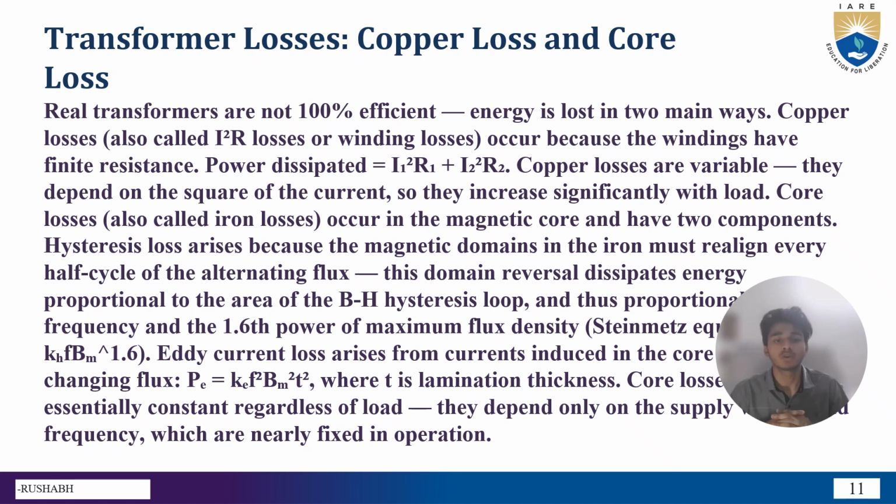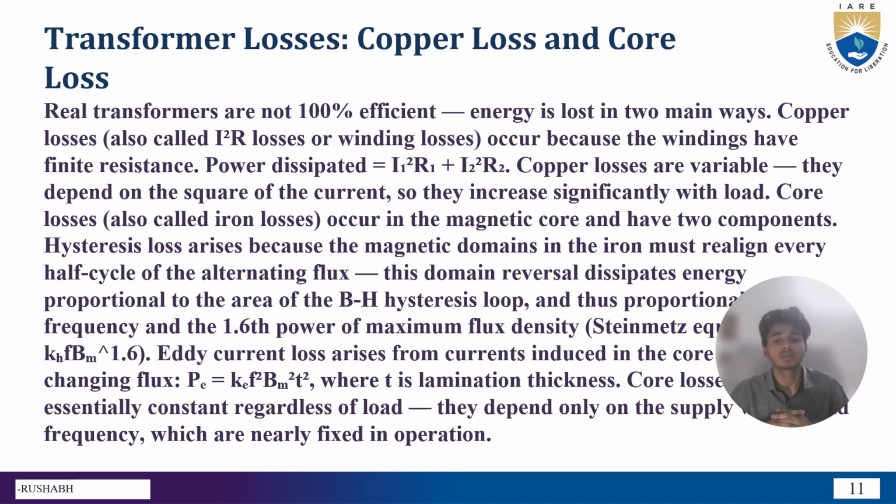Core losses, also called iron losses, occur in the magnetic core and have two components. Hysteresis loss arises because the magnetic domains in the iron must realign every half cycle of alternating flux. This domain reversal dissipates energy proportional to the area of the BH loop and thus proportional to the frequency and the 1.6th power of the maximum flux density.